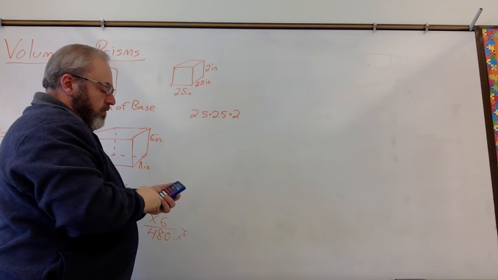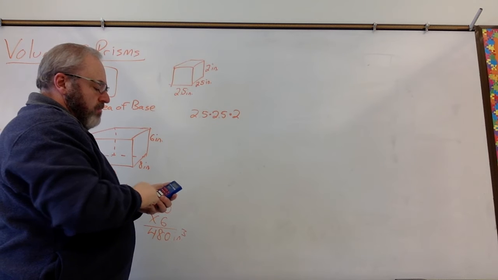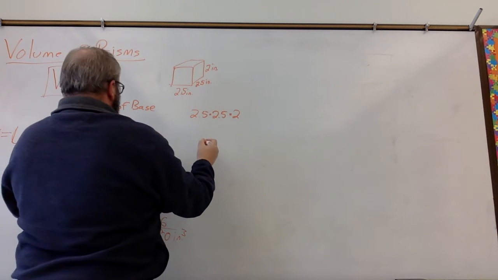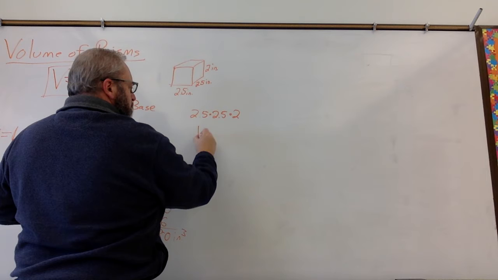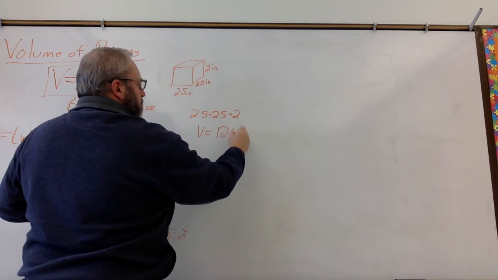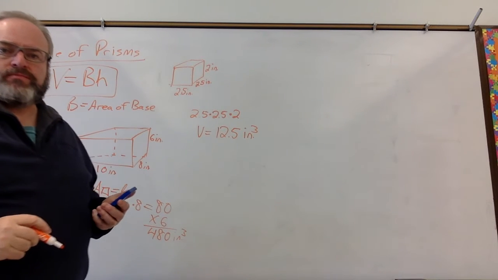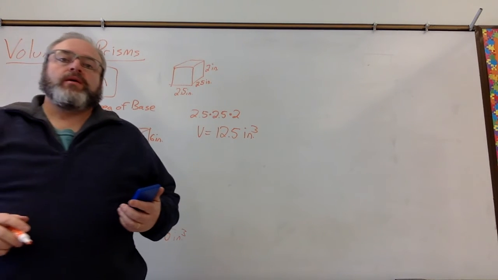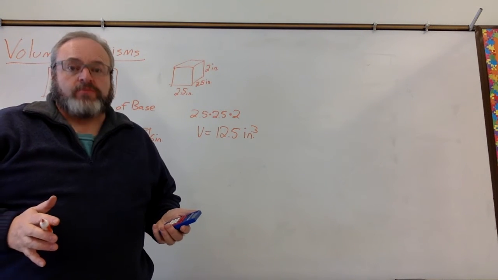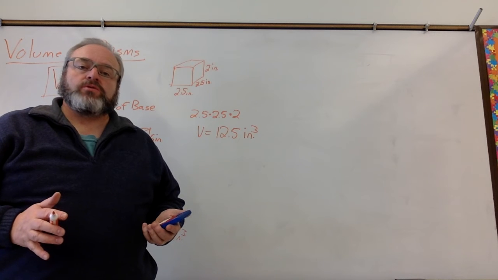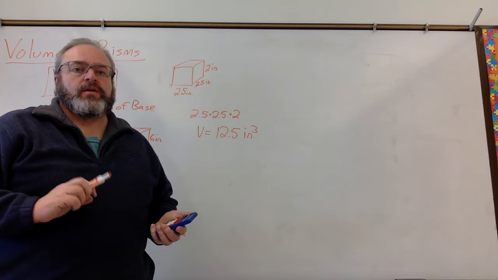So 2.5 times 2.5 times 2 gives us a volume of 12.5 cubic inches.